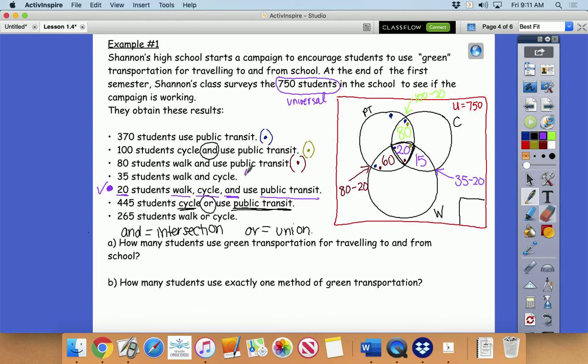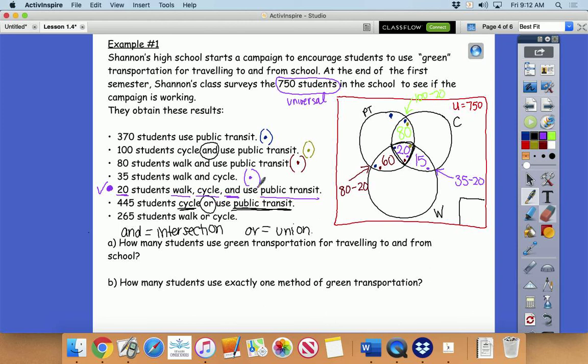So that would be this dot right here and this dot right here. So we already filled out the intersection of all three. Now we're going to go on to the very top where it says 370 students use public transit. Remember how we said that all parts of the circle, the blues, should add up to 370.